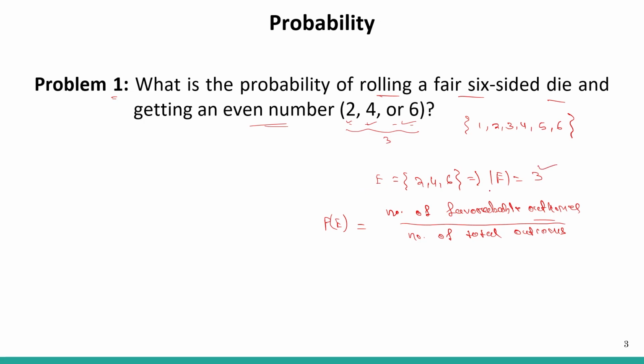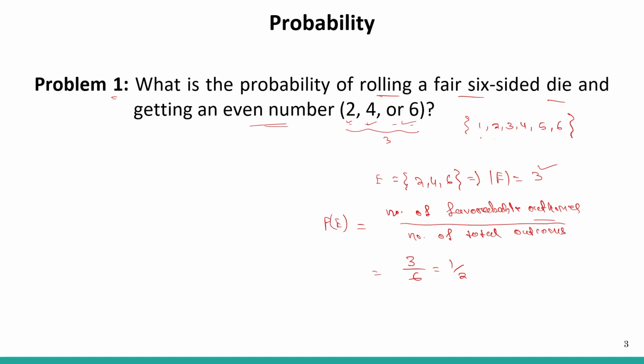The total outcomes are 1, 2, 3, 4, 5, 6. So it will be 3 by 6, which is 1 by 2. As you see, probability can only be a value between 0 and 1, and this value satisfies all the properties of probability.